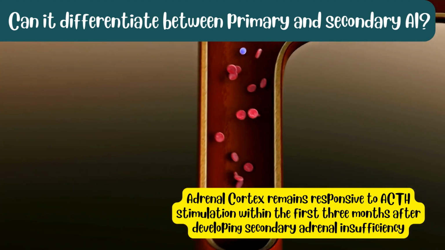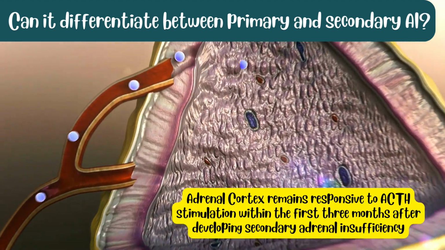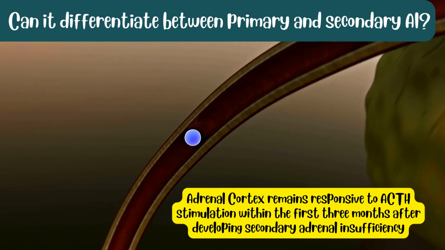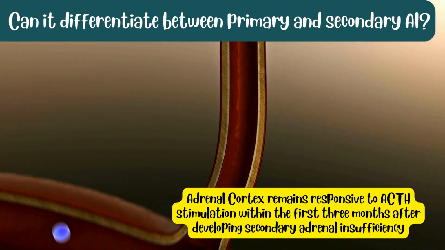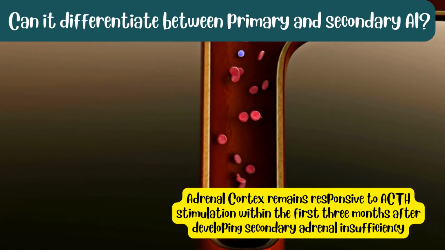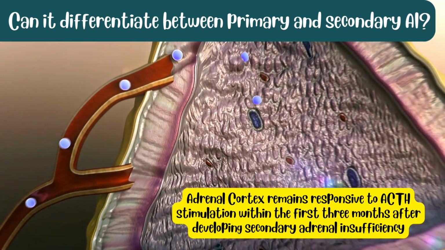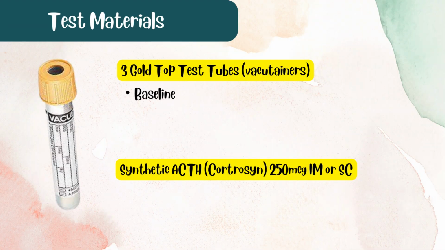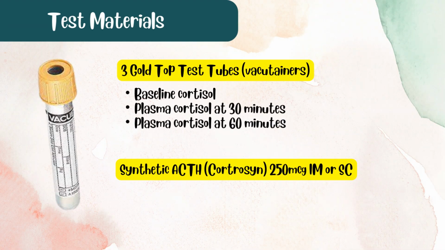This is because although there is limited ACTH stimulation of cortisol production in secondary adrenal insufficiency, the adrenal cortex may take up to 3 months to develop significant atrophy. Consequently, when exogenous ACTH is administered, the adrenal cortex continues to maintain a sufficient response.